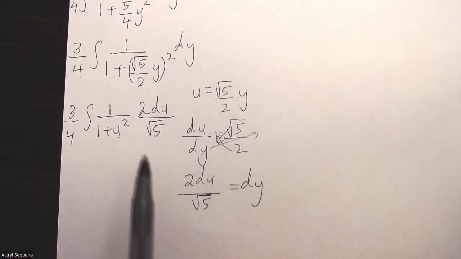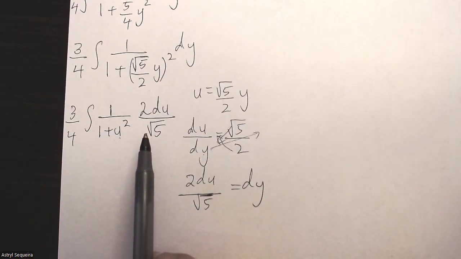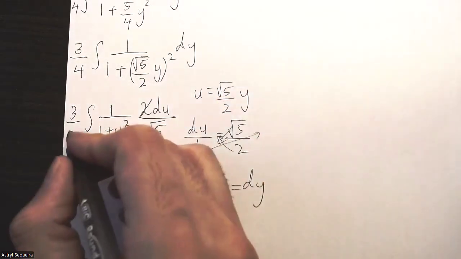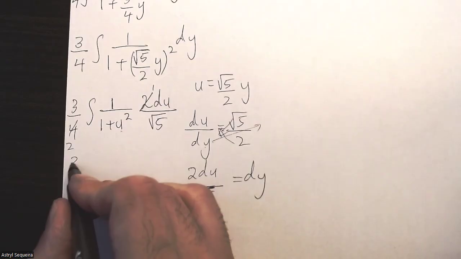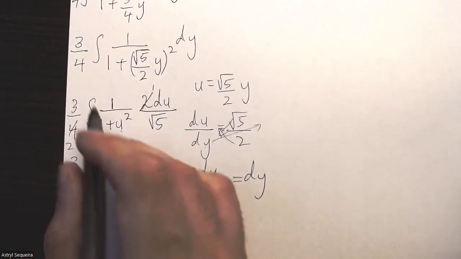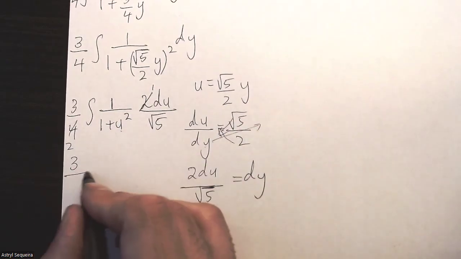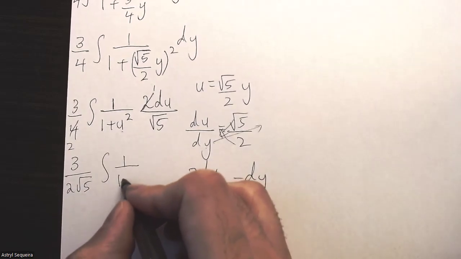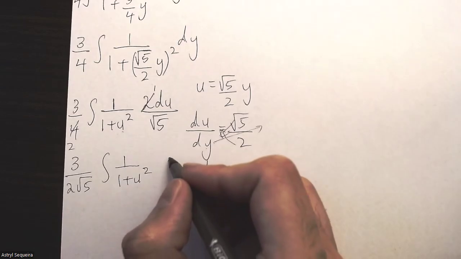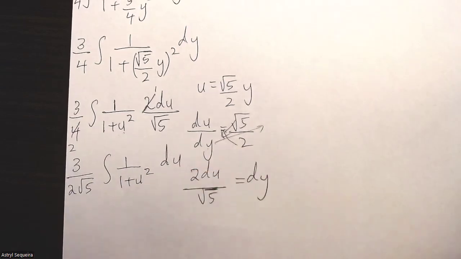And now I can simplify this first before I integrate. So this 2 and this 4 will just cancel to be 1 and 2. So now I'm just left with 3. 3 times 1 is 3. 2 times root 5, so 2 root 5 integral 1 over 1 plus u squared du.